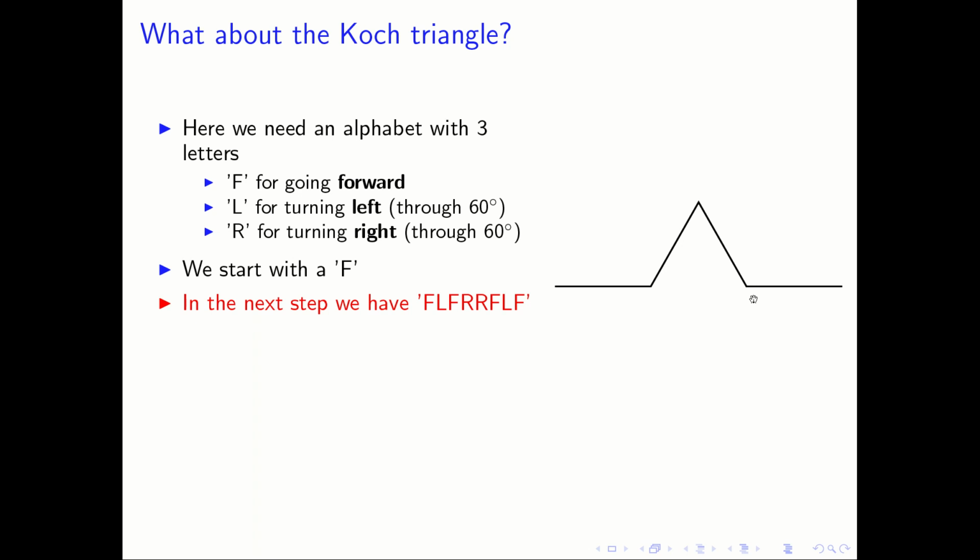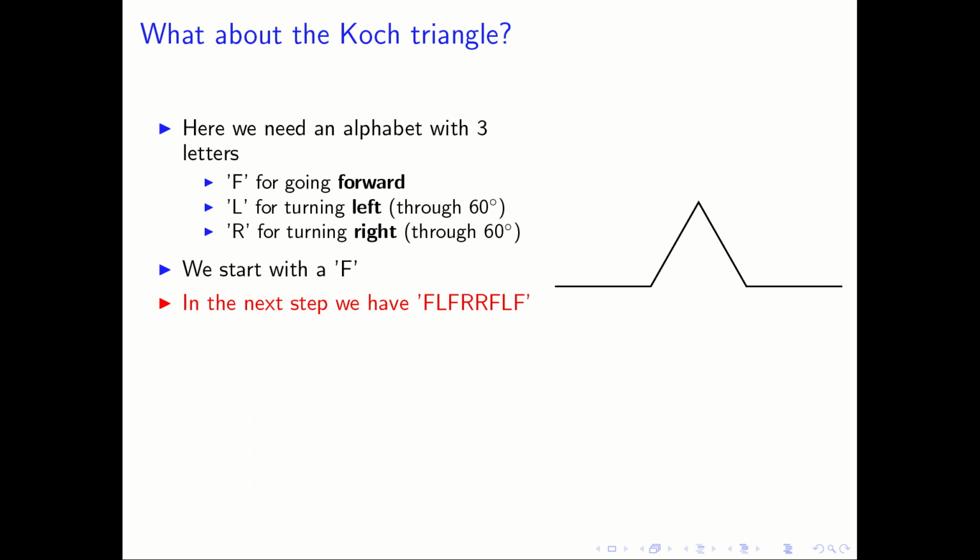You go forward. Another F. Now, in order to face horizontally again, you have to turn left through 60 degrees and then go forward. So to replace the original straight line segment with this zigzag segment, what you need to do is replace the F with FLF, RR, FLF. Of course, at the very beginning, in the first stage, you had only F, so you had to worry about what happens to the F. But after that, the bigger and bigger words that you will get will also have L and R. And how do they change?